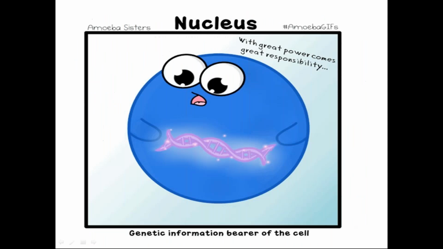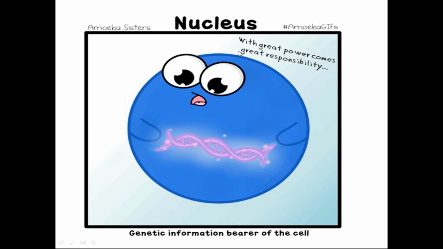Now, this is our nucleus, and as I told you, this is the information center of your cell. The information center means it is like a hub, like a supercomputer which has all the data. So obviously it has a very important position in our cell.